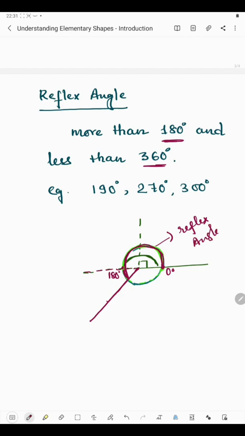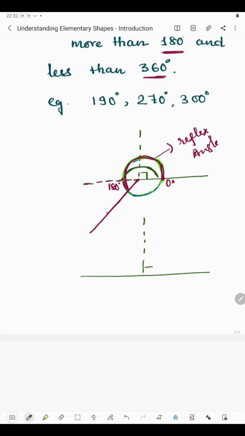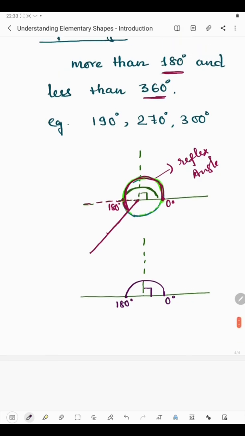Okay. Now taking one more example. Now this is 90 degree and this straight angle forms 180 degree. So here is 0 degree and here is 180 degree, and reflex angle means more than 180 degree. That means it will go beyond 180 degree, but it should be less than 360 degree.